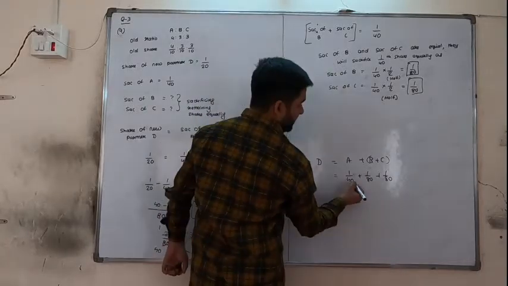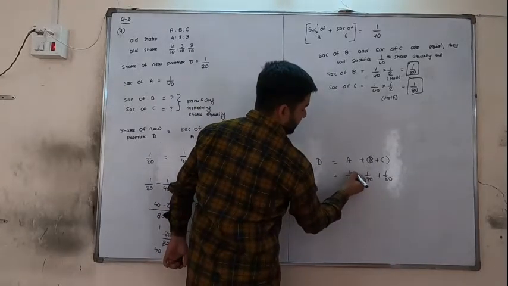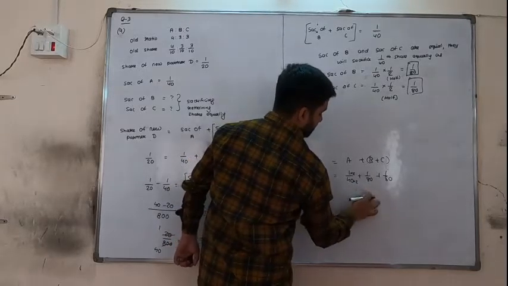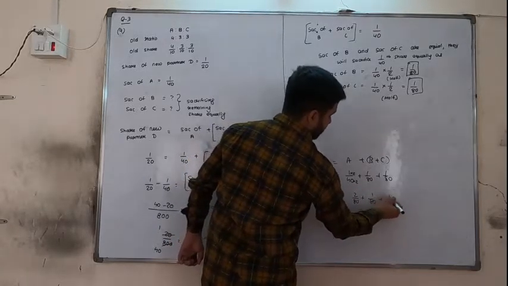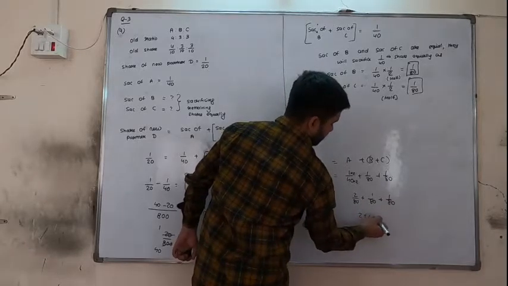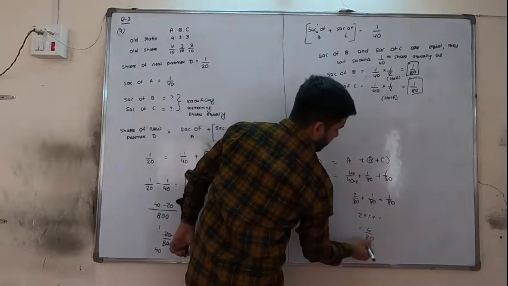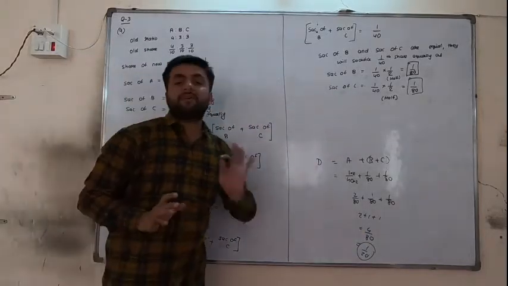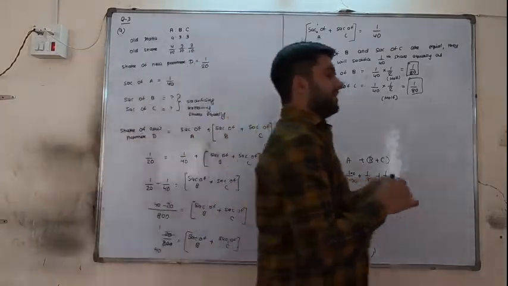Now if you make the denominators 80, then we will multiply by 2. So 2 by 80, 1 by 80, 1 by 80. So 2 plus 1 plus 1 is 4 by 80, and if we cut again it will be 1 by 20 only. So D is 1 by 20 only. So the things which we have made are correct.